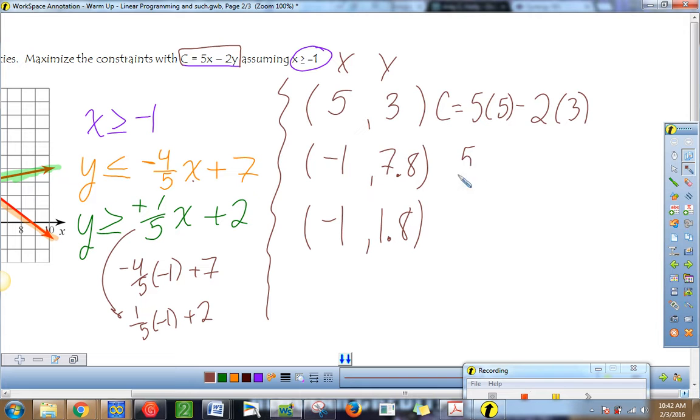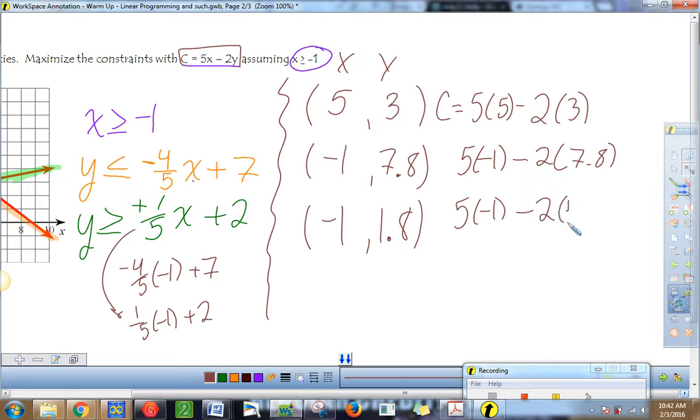Same deal. 5 times my x value minus 2 times my y value. And then throw it in your calculator.